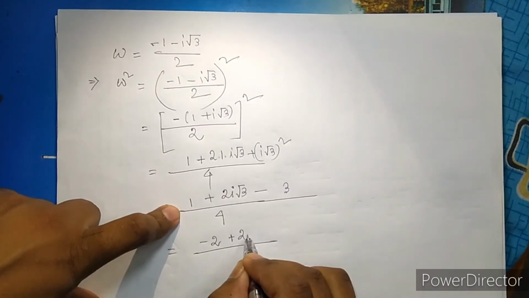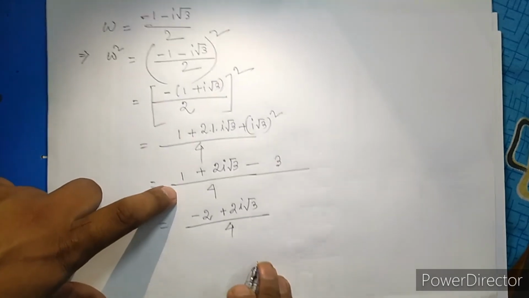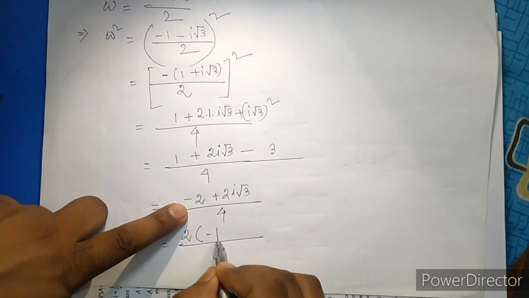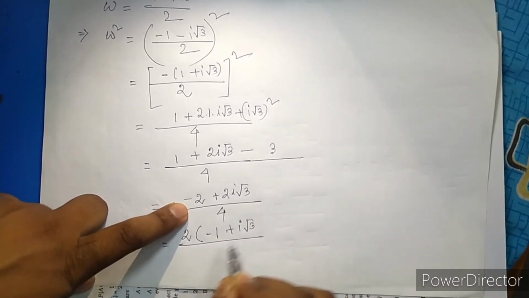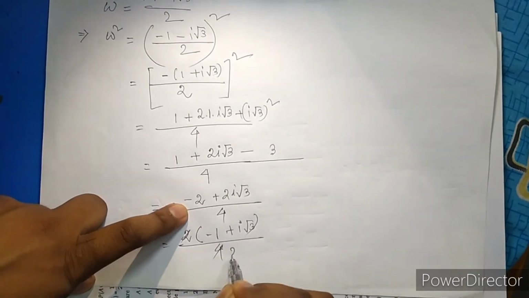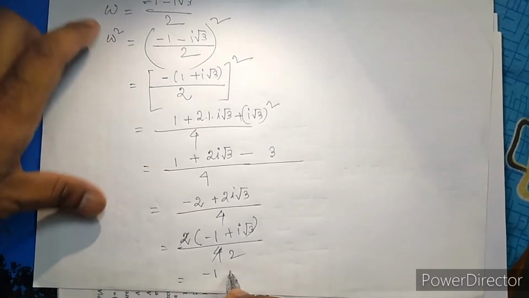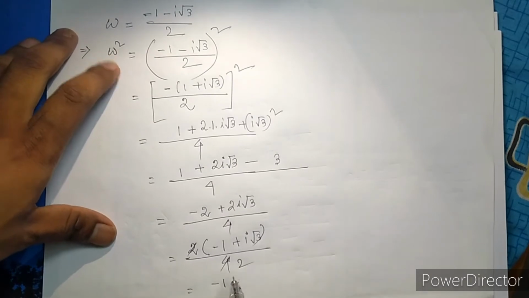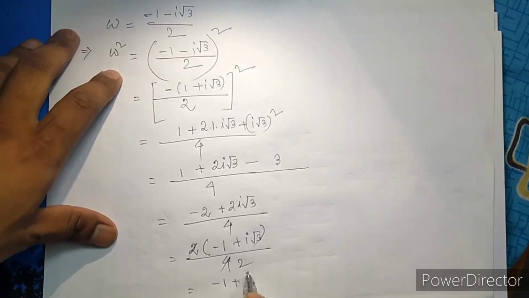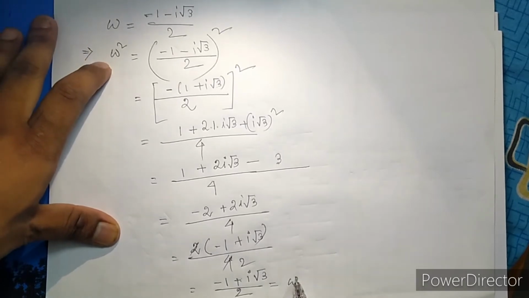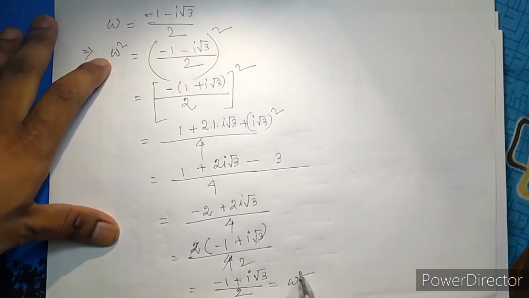plus 2 i root 3 divided by 4. We can take 2 common, so minus 1 plus i root 3 divided by 4, so the 4 will cancel with 2, so we have minus 1 plus i root 3 divided by 2, which is equal to omega square, or the third root, sorry, which is equal to the third root.